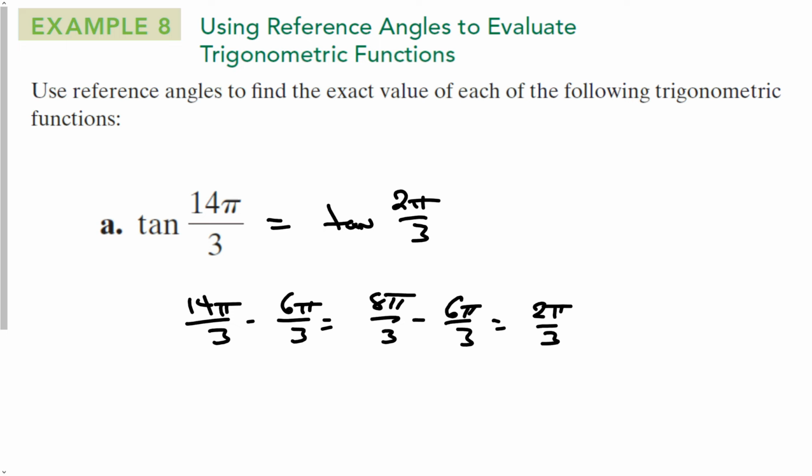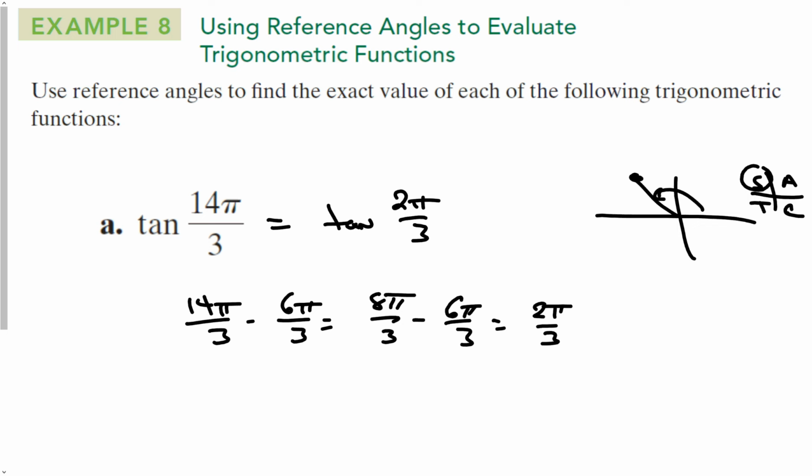Now, what quadrant are we in? That's 2 pi over 3, not quite 3 pi over 3. So we're in the second quadrant, and I know that the tangent in the second quadrant will be negative. Only the sine is positive in the second quadrant, and the cosecant.